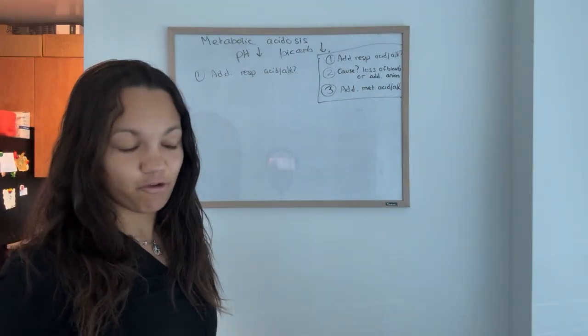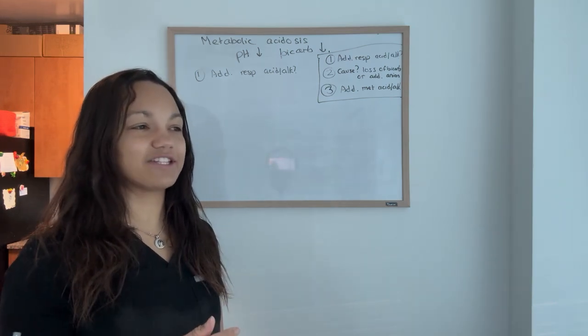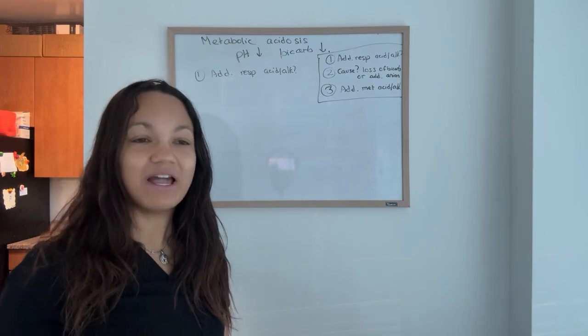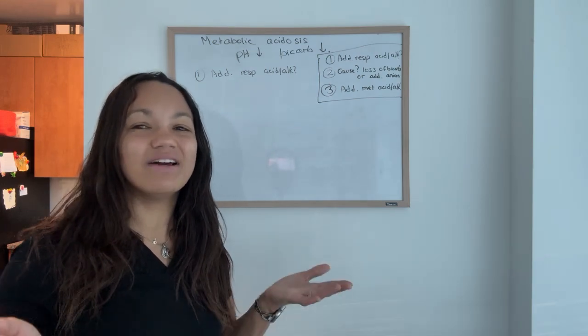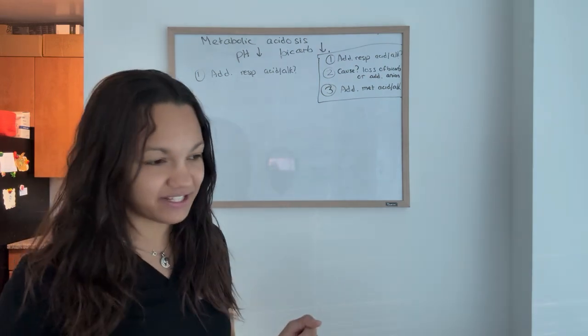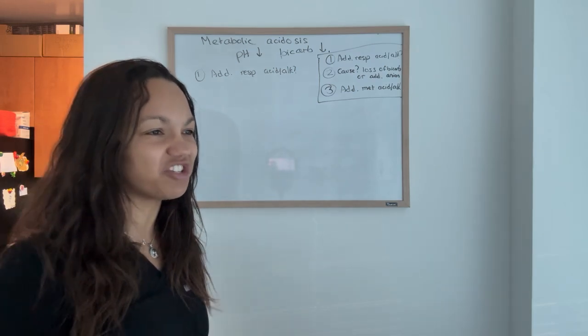This is what the Winters formula tells you. A lot of people see the Winters formula as a way to see if there is appropriate respiratory compensation. I don't like that, because how many times do you really have just one pure metabolic acidosis and then you say, oh, and they have inadequate respiratory compensation?